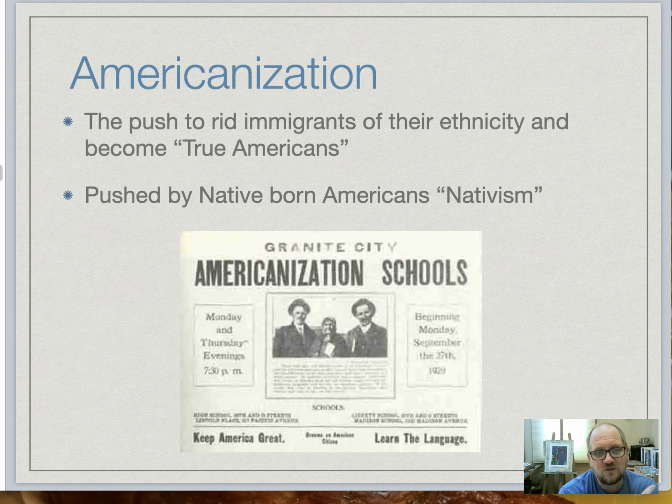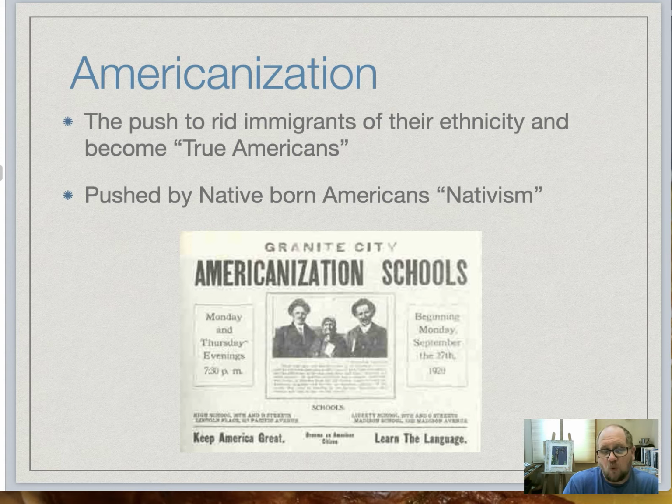But there's also this major racist, nativist ideology forcing people to Americanize or assimilate. And currently there's a lot of discussion and debate about that, the assimilation of non-Americans becoming Americans. And back in the Gilded Age, we do see, I would say, a push to rid immigrants of their ethnicity.